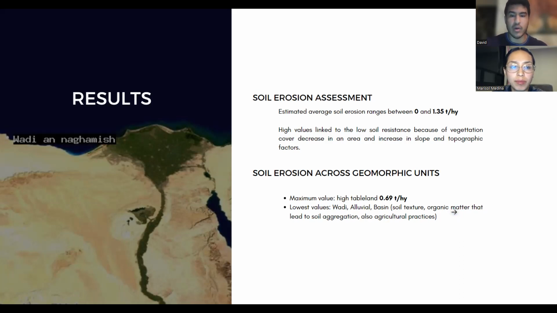And the lowest values were in the Wadi, alluvial terraces and basin. Why? Because they consist a lot more of clay, which is a different type of soil that can hold more organic matter and water. And these two factors by themselves can help a lot on soil retention, and they avoid the erosion problem.